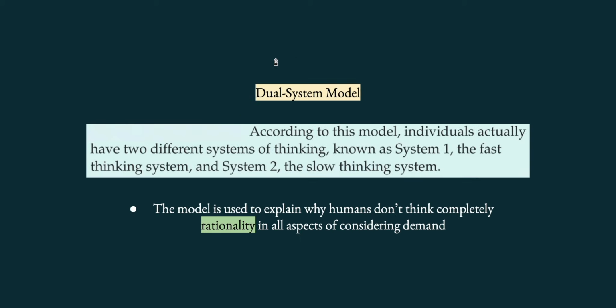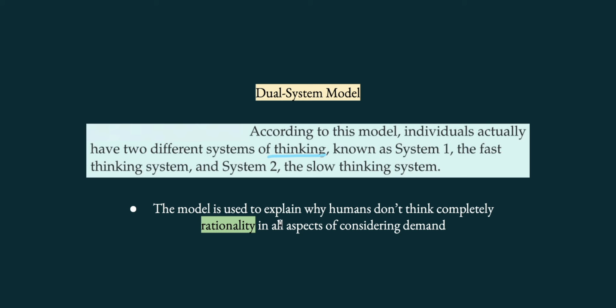All right, moving on to something a little more abstract. We're going to be talking about something called a dual system model, which is once again just evaluating the psychology of how people think, and specifically how consumers think when evaluating choices. Now, according to this model, individuals actually have 2 different systems of thinking, known as System 1, the fast thinking system, and System 2, the slow thinking system, which we'll look at more closely in the next few slides because they're actually really interesting to think about.